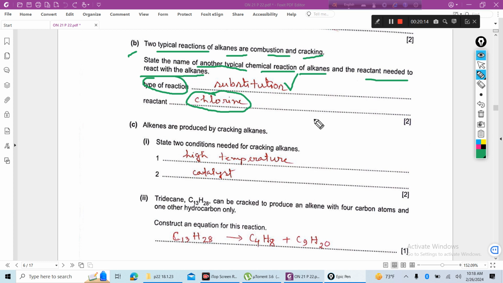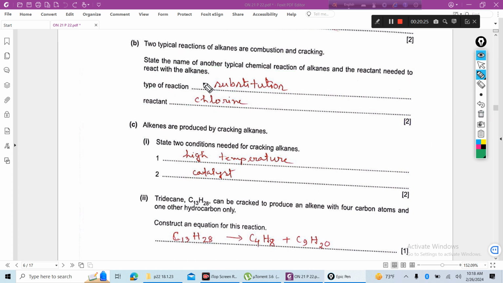Alkane reacts with chlorine in presence of UV light to form chloroalkane plus hydrogen chloride. This type of reaction is known as substitution reaction.